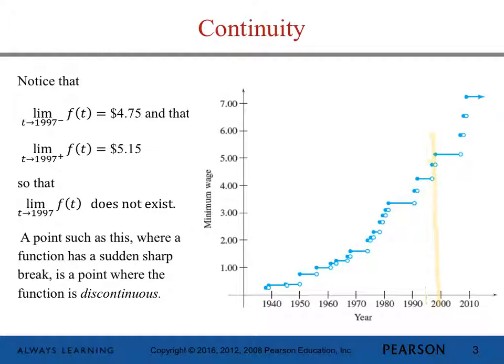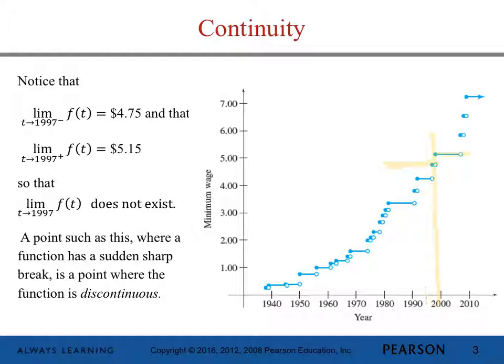Notice that if you approach 1997 from the left, f of t is $4.75. But if you approach it from the right, it's $5.15. So here's the $4.75 from the left. But if you approach from the right, it's $5.15.